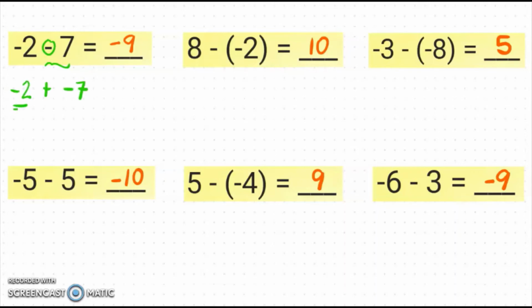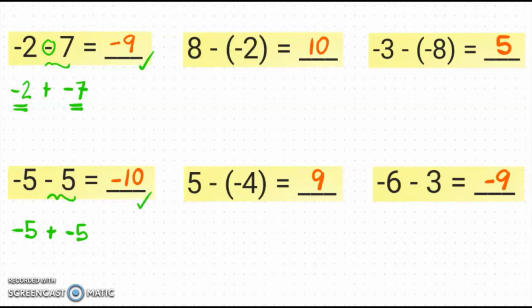And we have learned earlier that when we add 2 negative numbers, just do normal addition and our sum will be negative. Same with our next example.